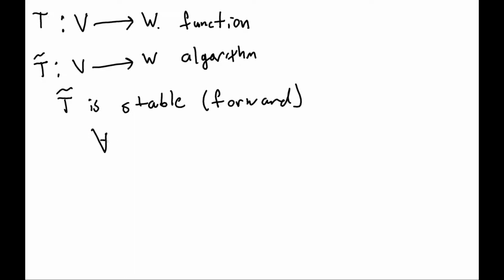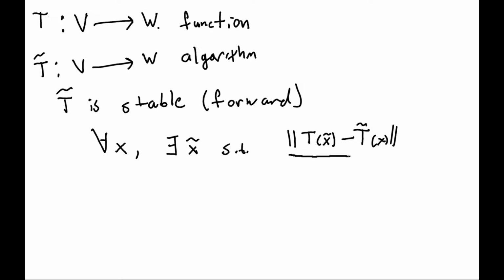For all x, so you take an input x, which lives in V, there exists some x tilde, which is nearby, and we'll define nearby in just a moment, such that if you look at the outputs of the exact function applied to the nearby input and the computed algorithm applied to the original input, I want these to be close.